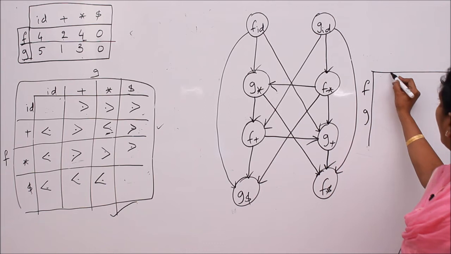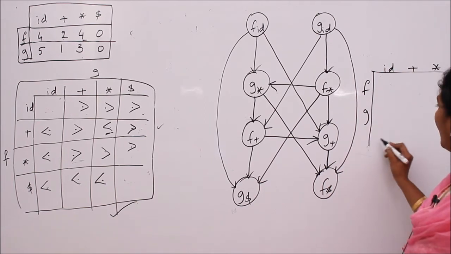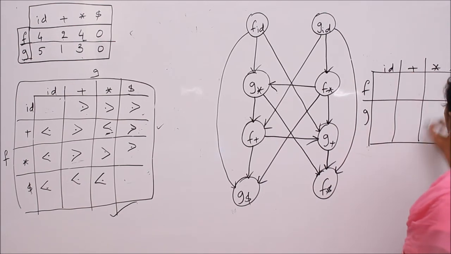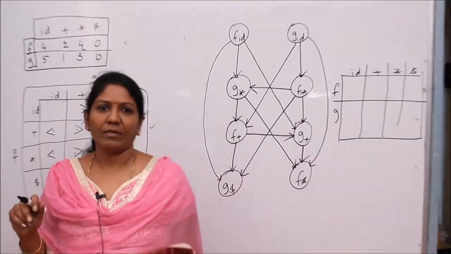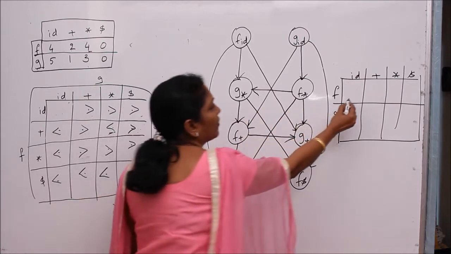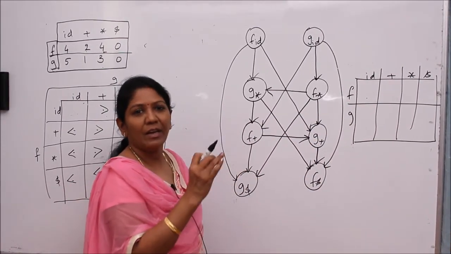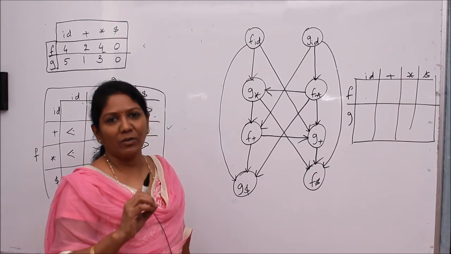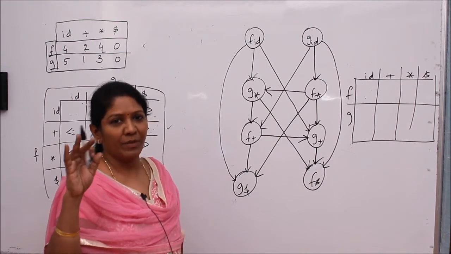F, G, ID, plus, star, dollar. How do we get the entries? What did I say? Length of the longest path from a particular node gives you the numerical value. So, for example, if I want to find out f of id, it is nothing but start from the node FID and find out the longest path. The path can end up anywhere but should start only from FID.